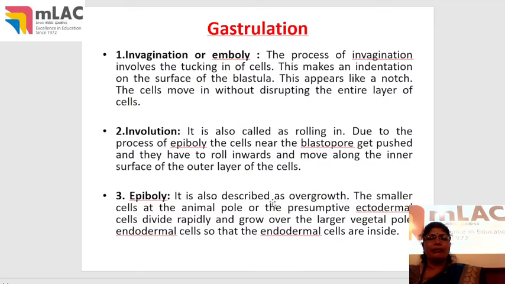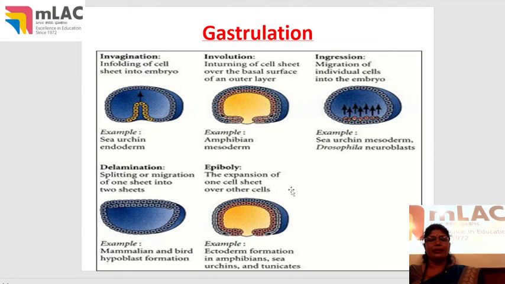Next, coming to the involution. Involution is also called rolling in, and it occurs due to epiboly. Epiboly is nothing but overgrowth. The cells near the blastopore get pushed and roll inwards and move along the inner surface of the outer layer of cells. Here you can see in the second picture, this is the blastopore.